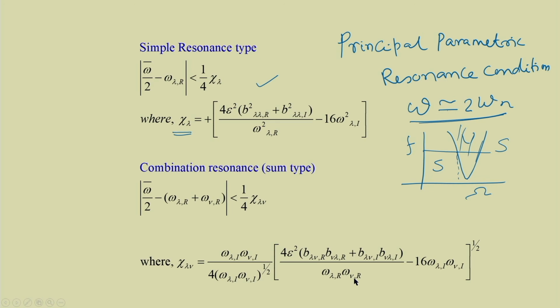Here lambda and v correspond to two natural frequencies of the system. For example, lambda can be 1 and v can be 2. So, it will be omega 1 r, the real part of the square root of the eigenvalue for the first mode, and omega 2 r, the real part of the square root of the eigenvalue for the second mode.